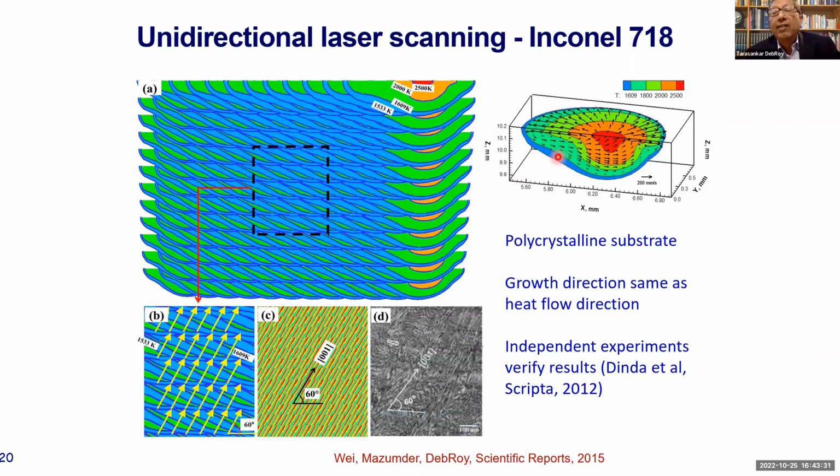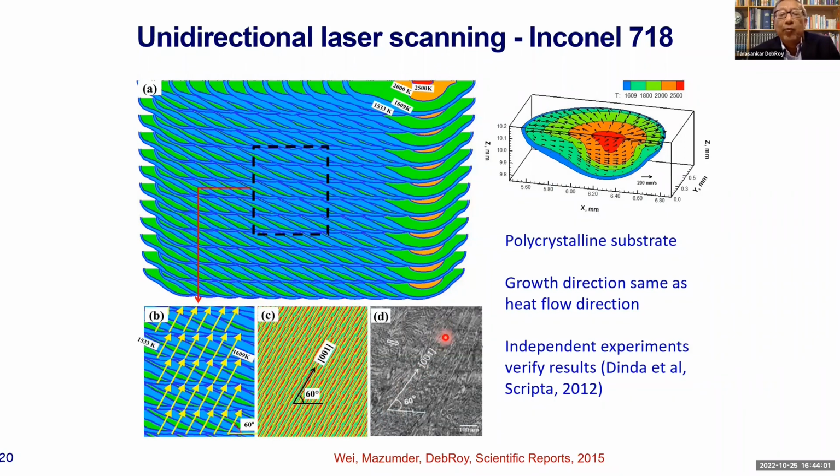Solidification occurs as we move this liquid along, and the heat flow direction is perpendicular to the fusion line. So here the heat flow direction would be where my cursor is showing, and this is the heat flow direction. So for a simple cubic material like Inconel 718, they will grow along this direction.